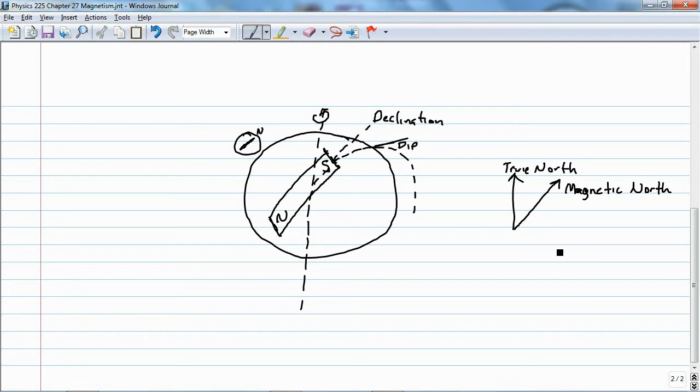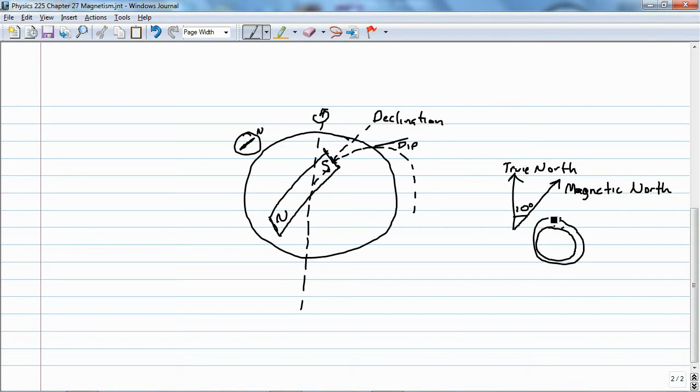And so on your compass you usually have a ring that you can move. This ring has angles on it. The map will tell you how many, could be like 10 degrees. It'll tell you how many degrees you need to compensate your compass so that you get to true north.